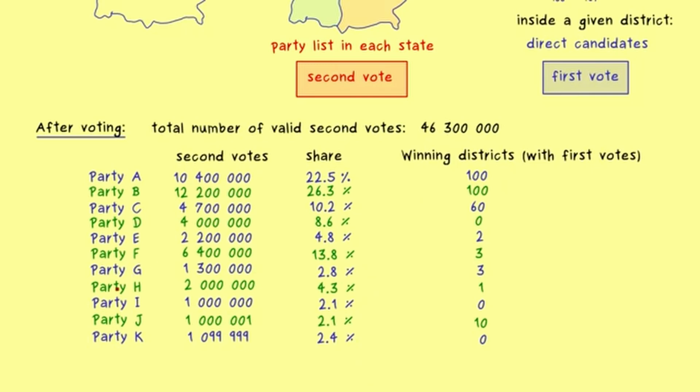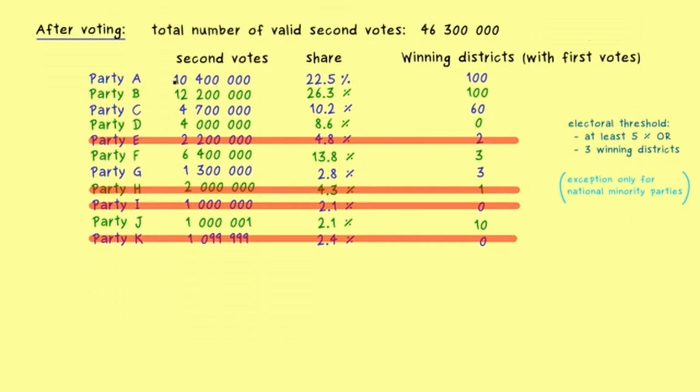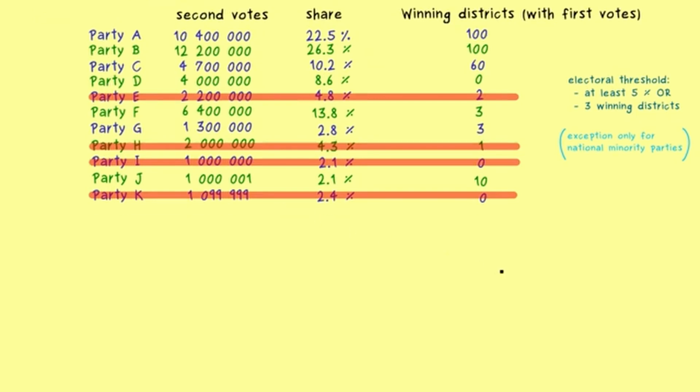And now we have all the information and we can decide which parties are allowed to have seats in the Bundestag. Indeed, parties that have less than 5% are completely thrown out, unless they have won at least 3 districts, because then they are spared. Okay, so after these cancellations, only the important parties remain and they get the seats in the Bundestag.